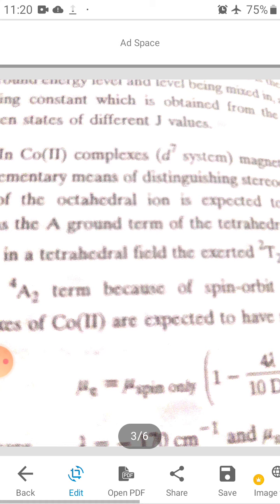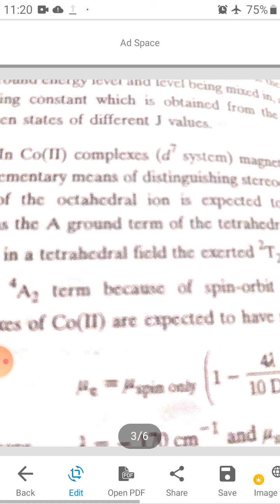In which octahedral complex has the widest contribution. In cobalt 2 complex, the octahedral complex is formed when one electron jumps into the 4d orbital because it is a d7 system.